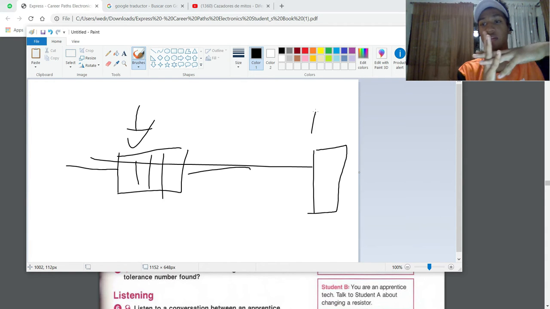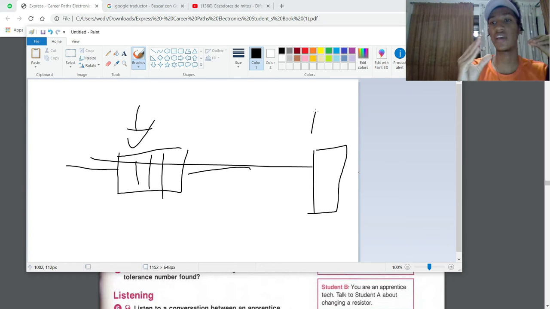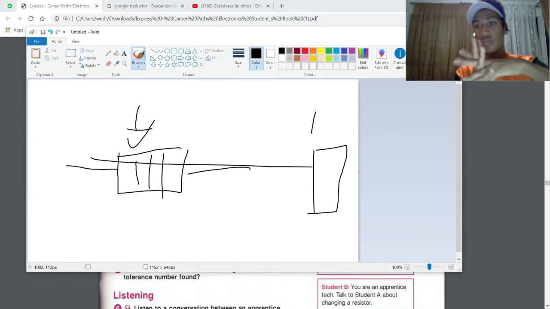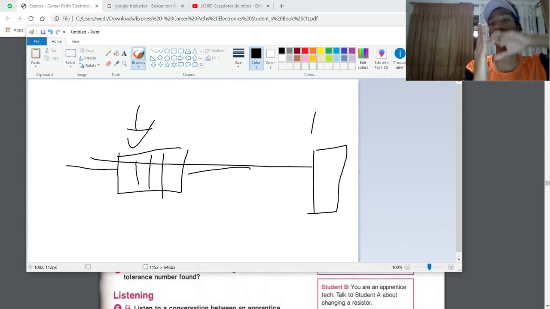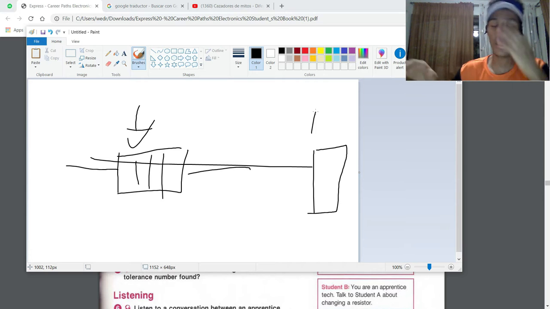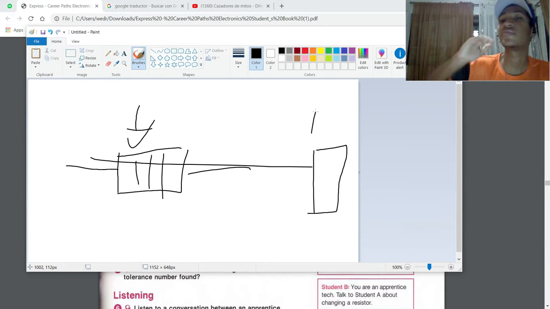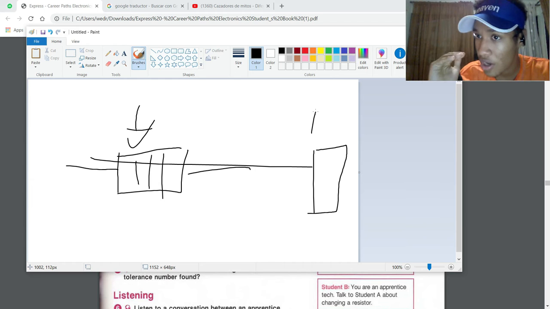It's a filter. You can pass, but not everything at the same time. It's 1 by 1 or 2 by 2, depending on the resistor. If the resistor is very high, the voltage is very low.